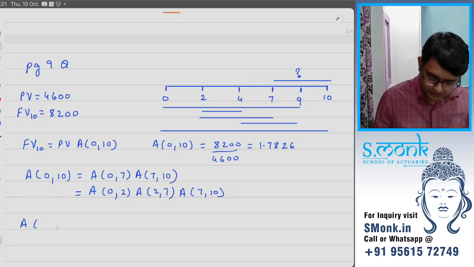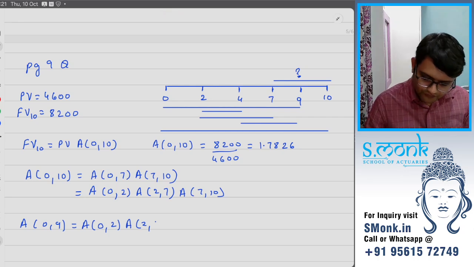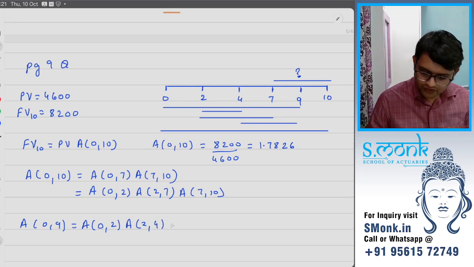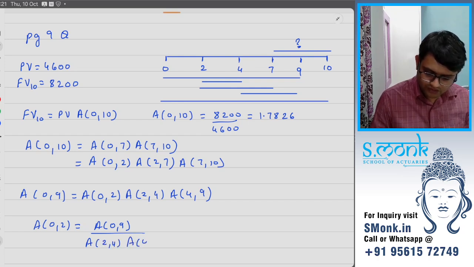Accumulation 0 to 9 can be written as accumulation 0 to 2 into accumulation 2 to 4, and then accumulation 4 to 9. So accumulation 0 to 2 will be nothing but accumulation 0 to 9 upon 2 to 4, 4 to 9.